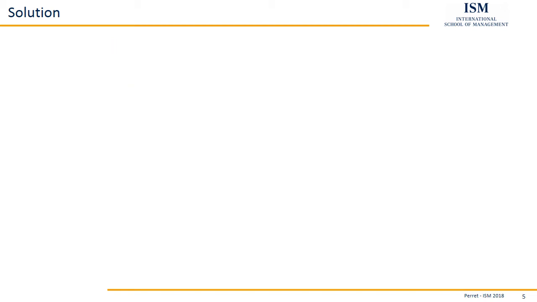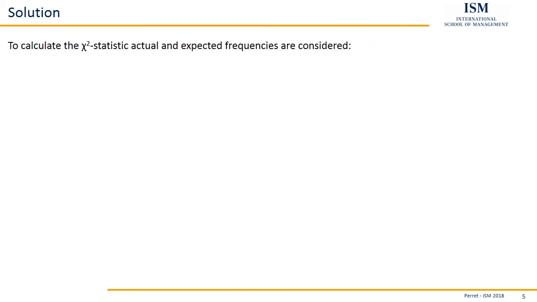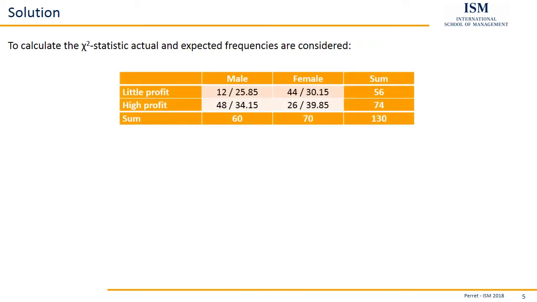Then we can finally start calculating our statistic. For this, we can take our expected frequencies and the original frequencies. Here they are summarized in a comprehensive table. So the first values are the actual values, and the values after the slash are the expected frequencies. What we're going to do with them is apply this formula for the chi-squared statistic.